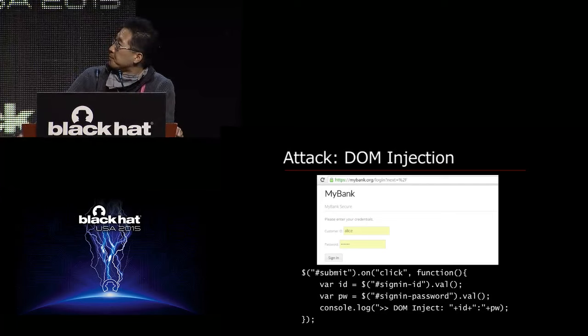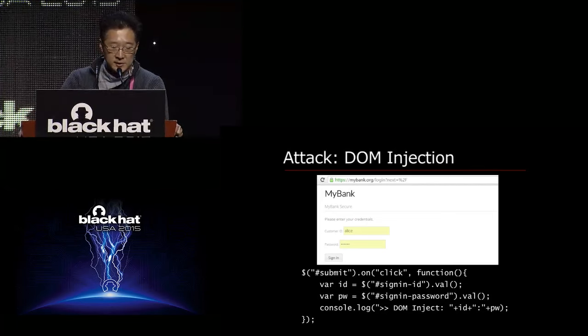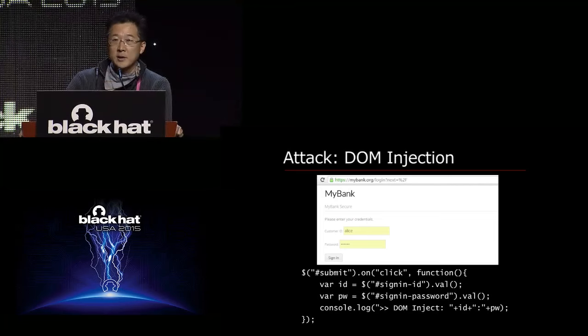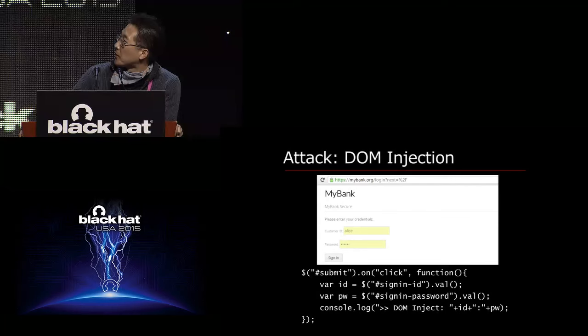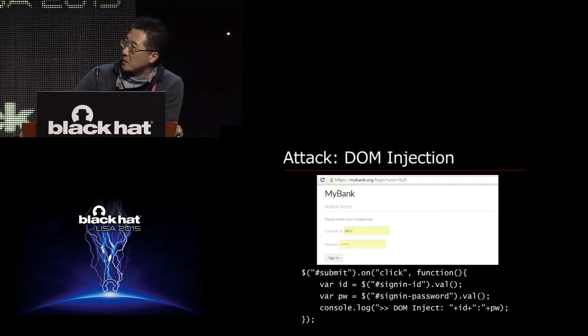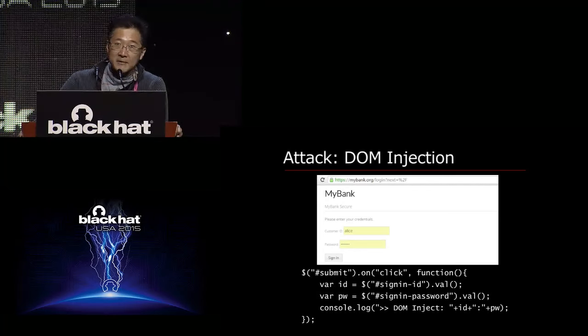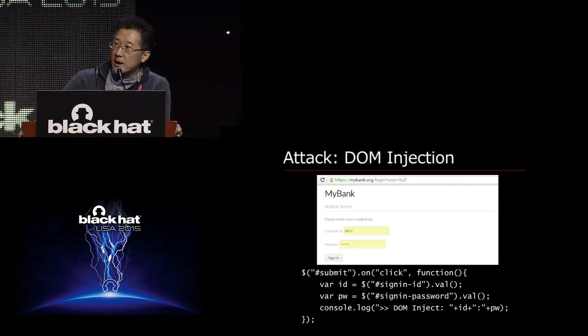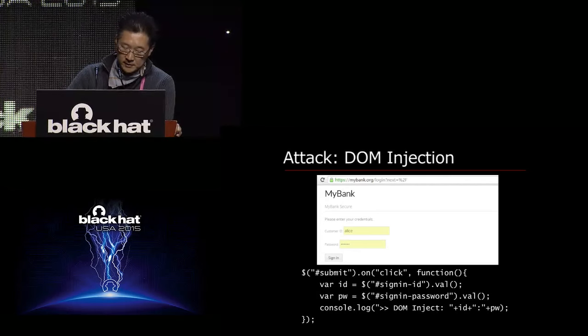So here, injection is just a very simple thing. It's simply a piece of JavaScript that will be embedded into the page. In this example, we've got a sign-in button, which will be associated with an event handler, which will then grab the information stored in the fields.